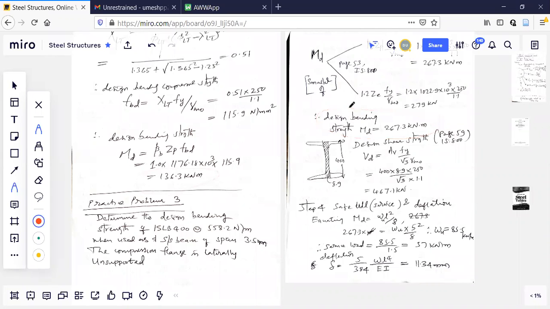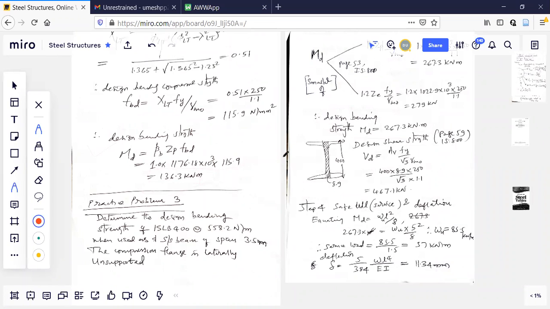Very close to half, we can say. The design bending strength of a laterally unrestrained beam is very close to half when all other conditions are the same and the section is the same.